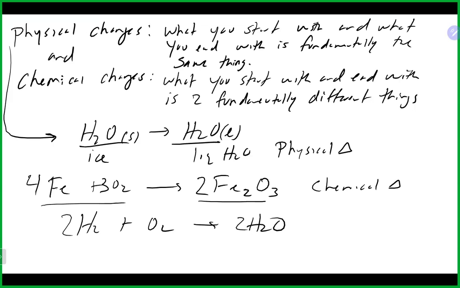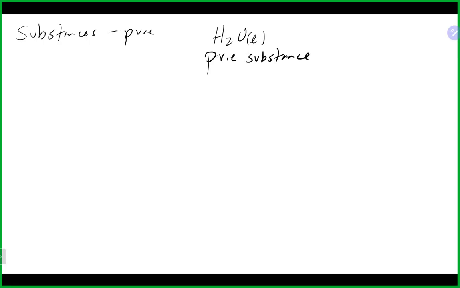Now, that led us to substances and pure substances. A pure substance is really anything that is by itself. So if we had water by itself, that is considered a pure substance. If you had just iron metal by itself, that is also a pure substance.